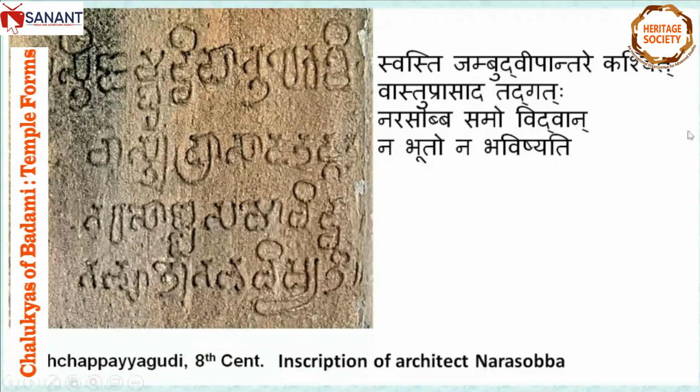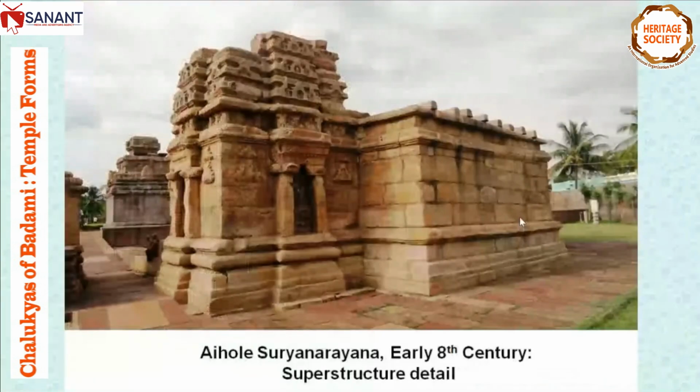Swasti Jambu Dvipantare Kaschit Vastu Prasada Tadgataha Narasabha Samo Vidwan Nabhuto Nabhavishyati. The architect Narasabha praises himself as an architect par excellence, not excelled in the past and not to be excelled in the future. That kind of pride is seen, a kind of competition between the architects in this period.